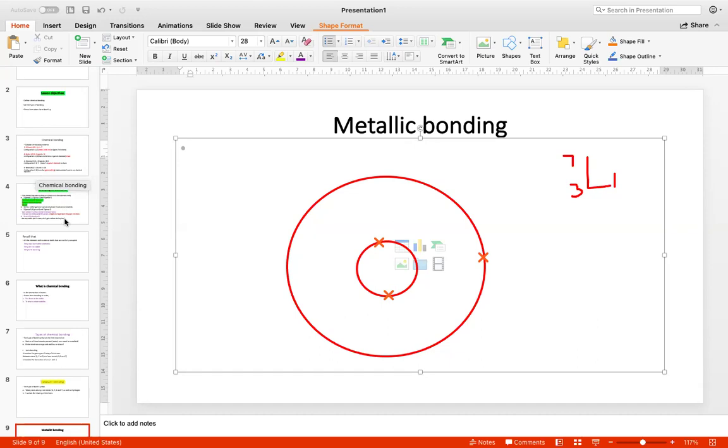But how many more spaces do we have where this electron can sit? We actually have a lot. So here we expect 1 electron, here we expect 2, here we expect 3. So how many more do we expect? 7. But yet there's only 1 electron. As a result, this electron is said to be delocalized.